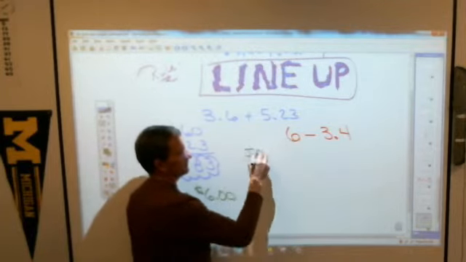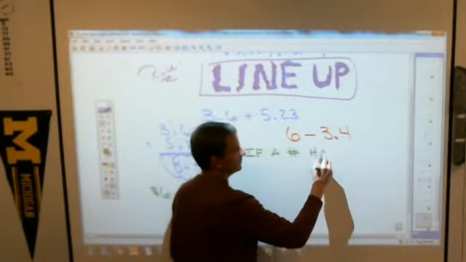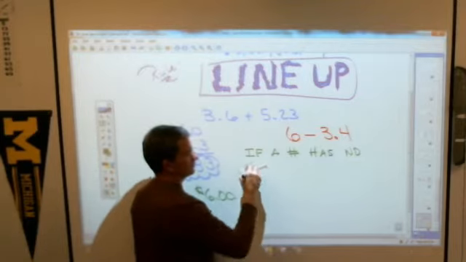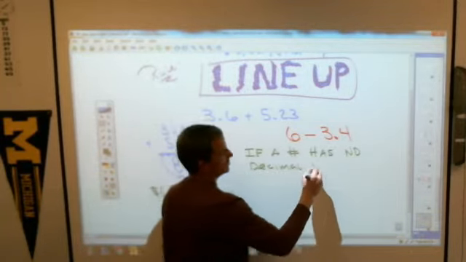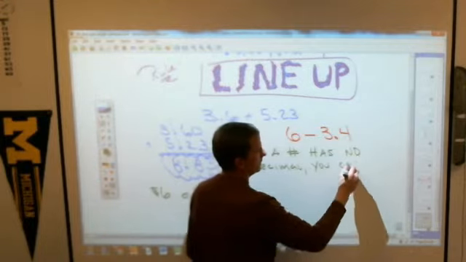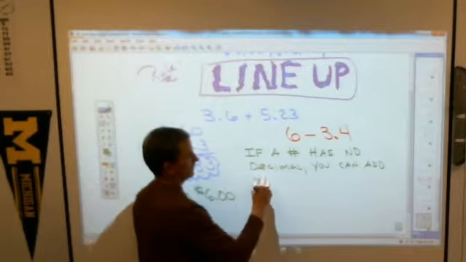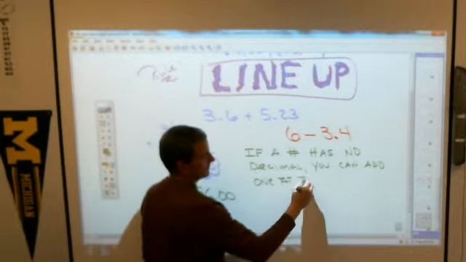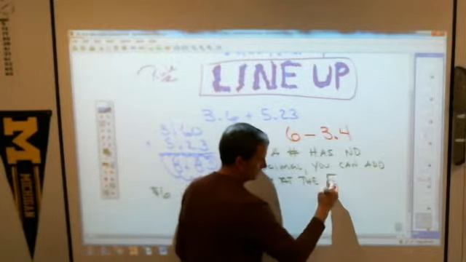If a number has no decimal, comma, you can add one at the end of the number.